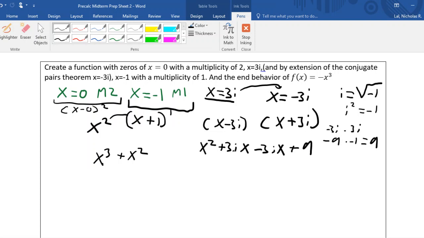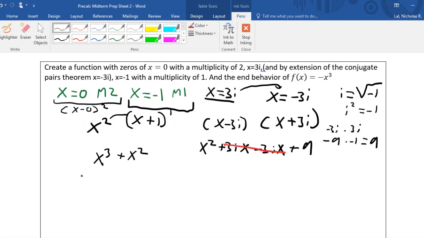Now what's positive 3ix minus 3ix? Positive 3ix minus 3ix, regardless of what this means, they cancel out, it's equal to 0.